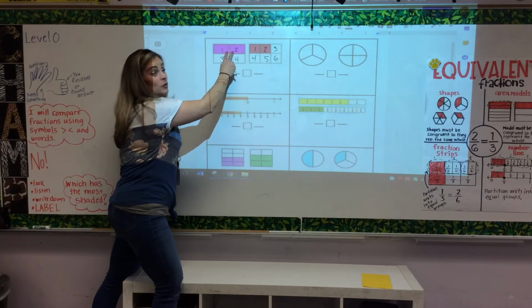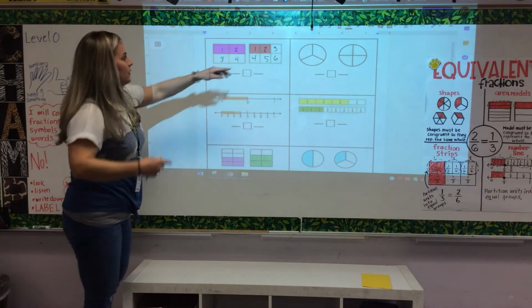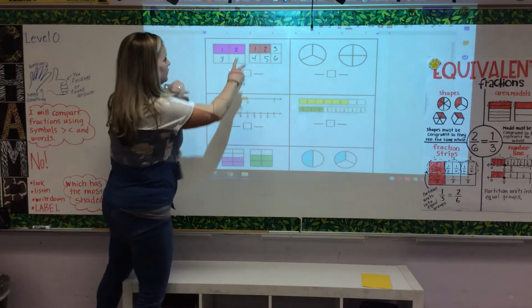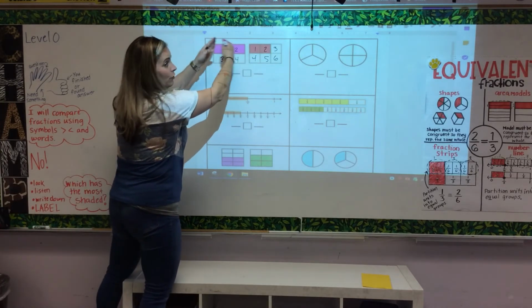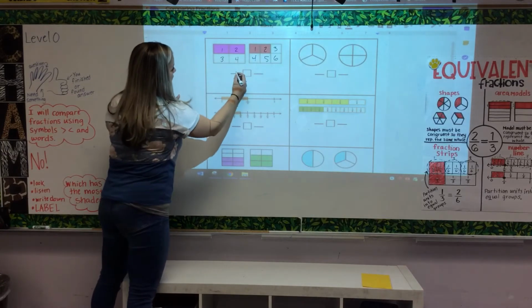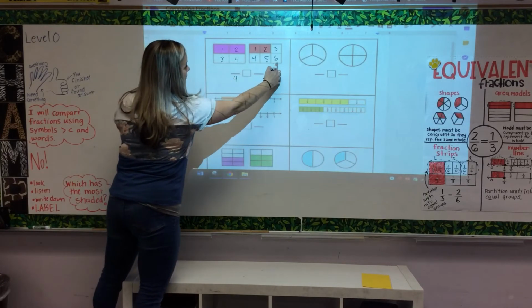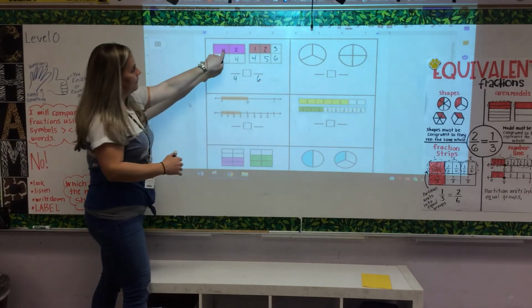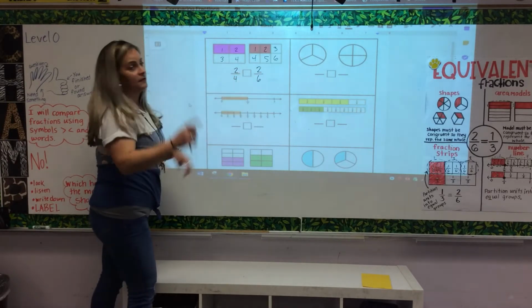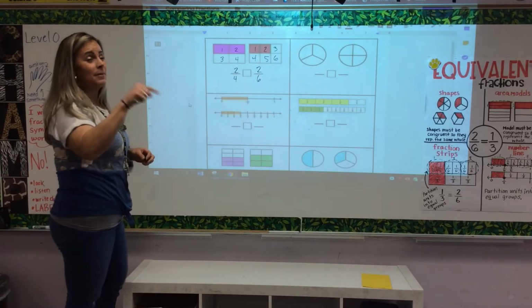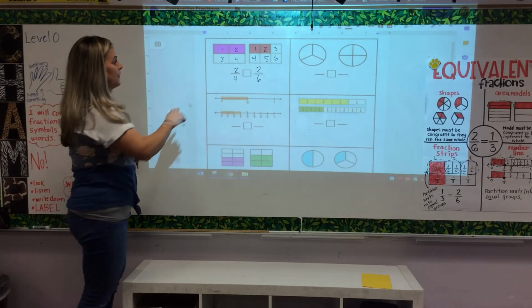So that makes 2 of those pieces bigger than 2 of those. Even though there's 2 shaded, this covers way more ground, okay? So this is 4 at the bottom, 6 at the bottom, 2 are shaded here, 2 are shaded there, but the top number doesn't matter. It's really about that bottom number there.